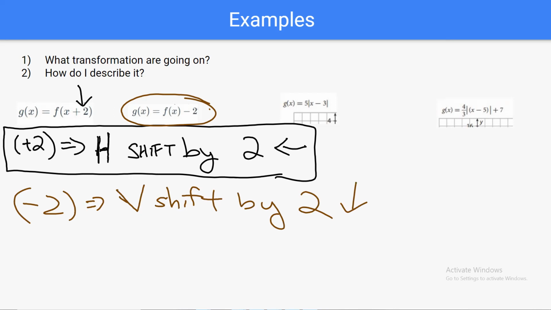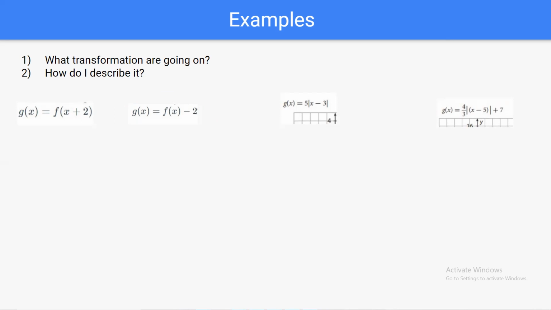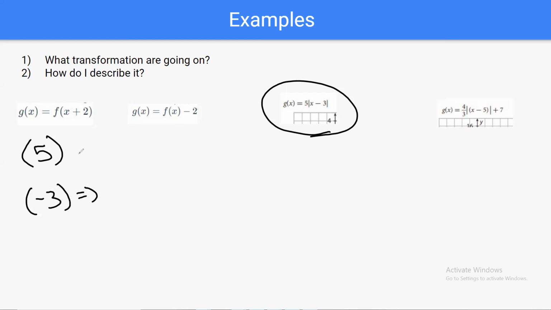This one here, let me erase this, actually. This one here, there are 2 transformations. There's a 5, and there is the -3. The 5 would represent a vertical because it's on the outside.